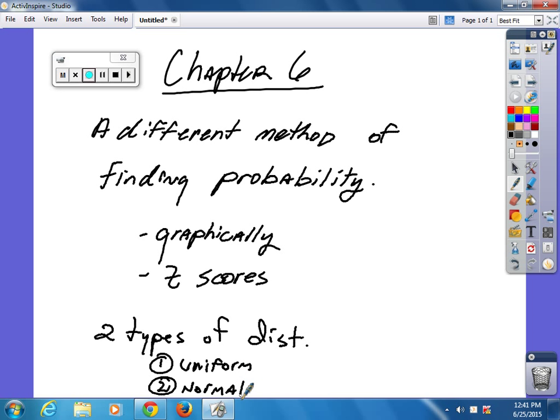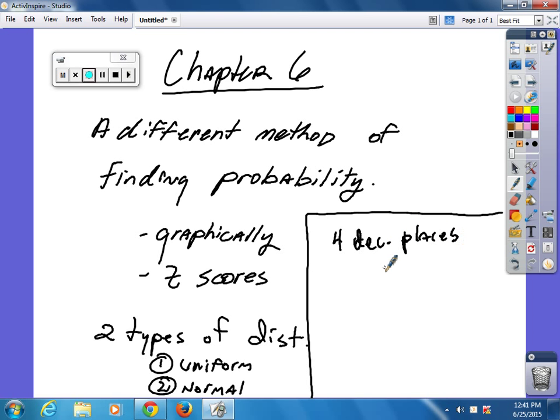Okay, so something else I want you to remember about chapter 6 is when you see a number with 4 decimal places, that's going to be an area, a percentage, or a probability.